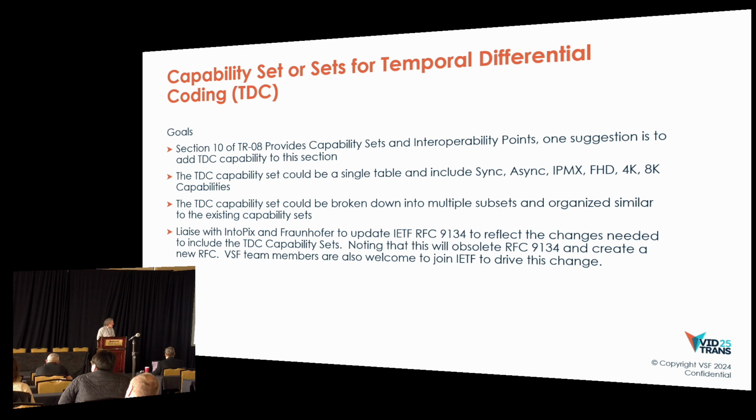And then the last item on the bullet list is that for TR08, we refer to RFC 9134, which describes the RTP packet and packet structure for JPEG-XS. There is a slight change that's needed to that document, so the team will liaise with the folks that are working on that in the IETF and make sure that that document is revised as well.